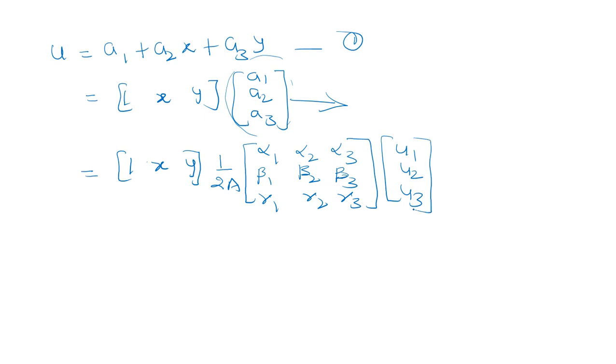This is the displacement vector with components in the x direction. Now we can multiply this equation, multiplying 1 by 2A, then multiplying row into column. You might have an idea.